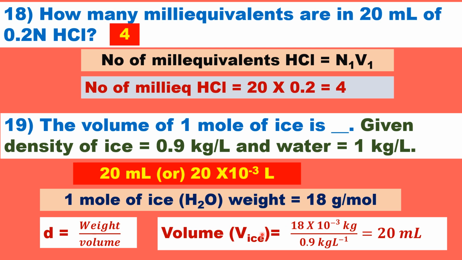So the volume of ice is equal to weight of ice, that is 18, 1 mole of ice we have taken, divided by its density, 0.9. Therefore, 20 ml or 20 into 10 power minus 3 liter.